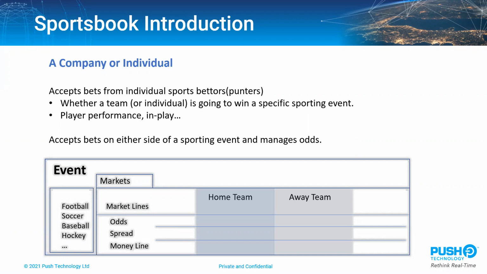And then within those events, there are markets, types of bets, and then there are the actual market lines themselves, which are the odds, spread, money lines, which a particular gamer could click on and create a bet. So sportsbooks work with individuals with these types of bets.